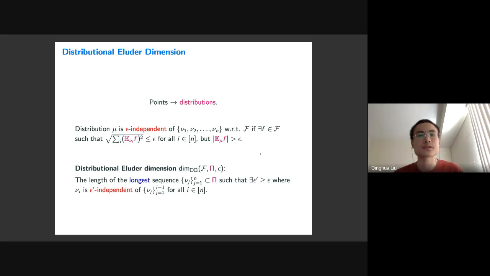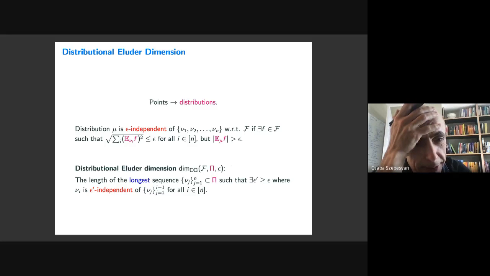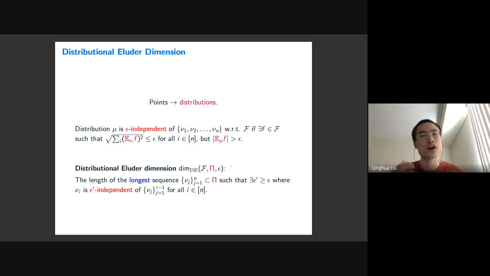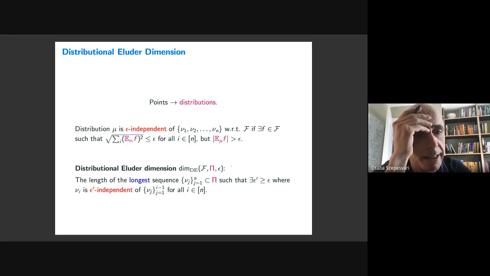Oh, so if you choose this capital pi to include all possible distributions, yeah, actually, we can have some example showing that this can be much larger than the original. That's what I was suspecting. Yeah, because you have many more things to play with. Yeah, exactly.